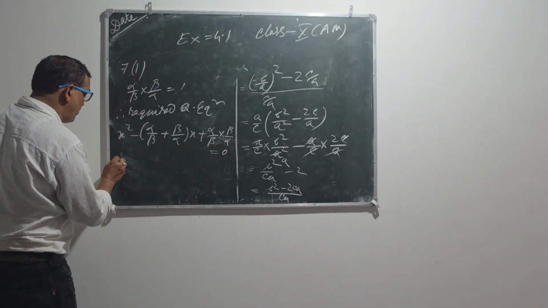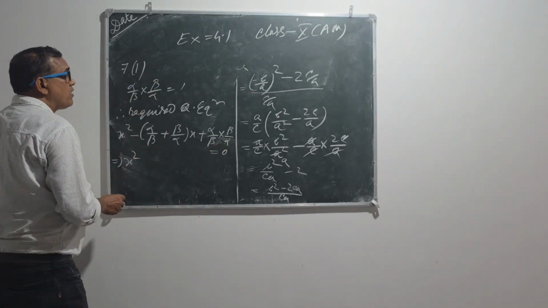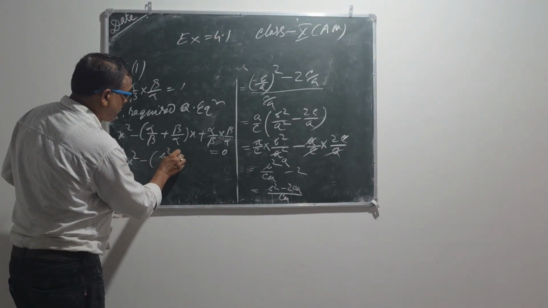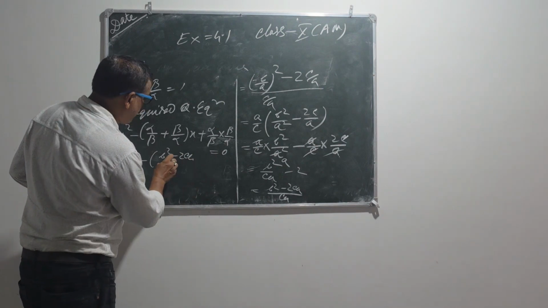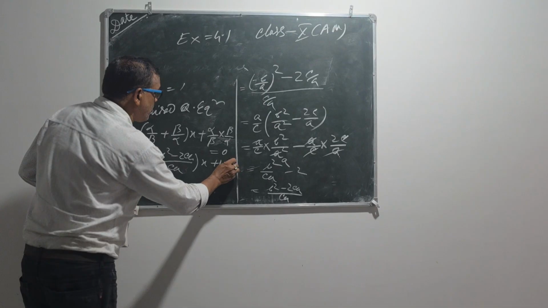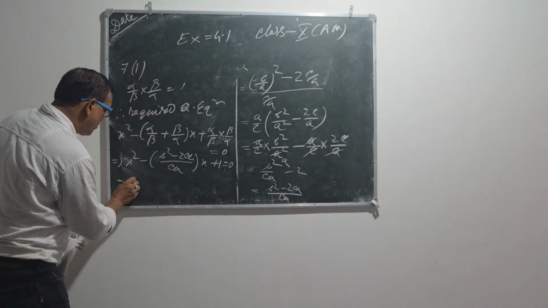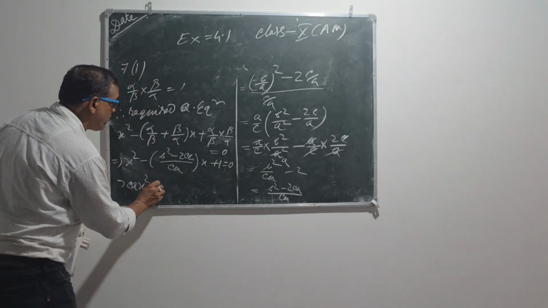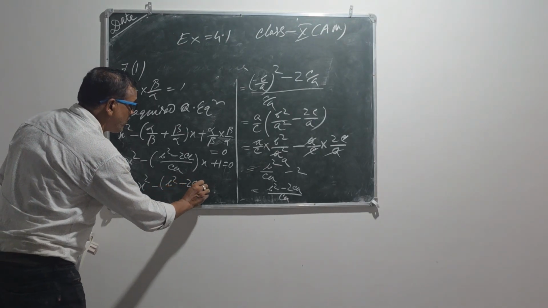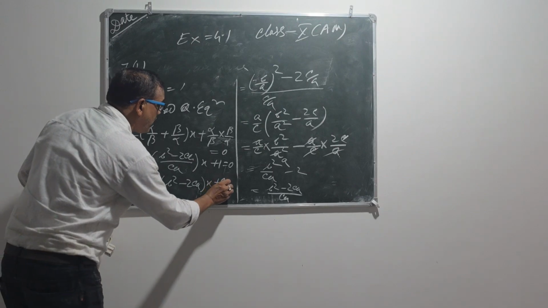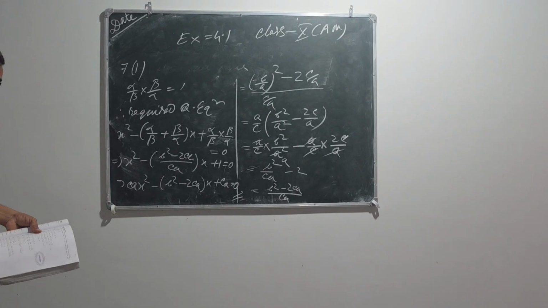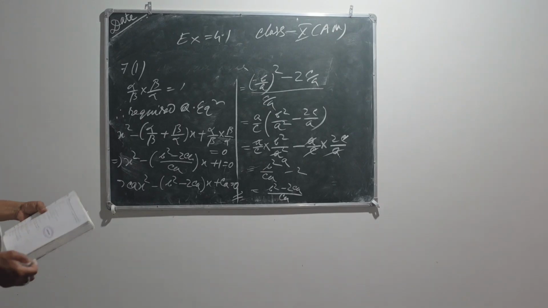Let us substitute the values we have already calculated: minus of b square minus 2ca divided by ca, whole into x, plus 1 equal to 0. Let us multiply both sides by ca. Then it will be ca x square minus b square minus twice ca whole into x plus ca equal to 0. So the required equation is this one only.